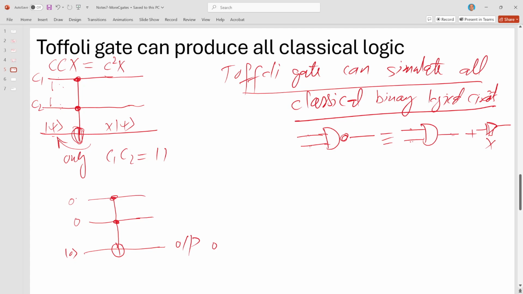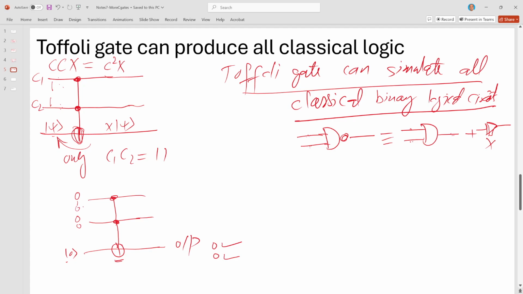If this is 1 and this is 0, we still get 0, because both of the controls have to be active before this X gate gets applied here.